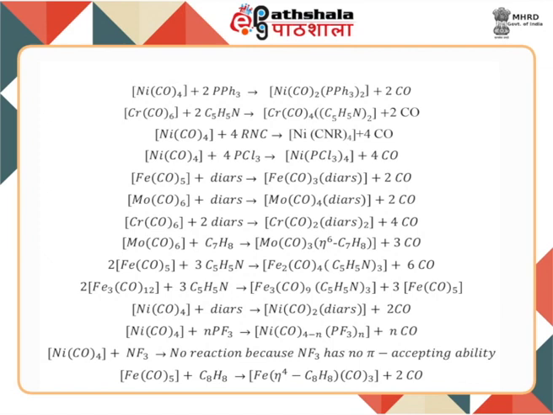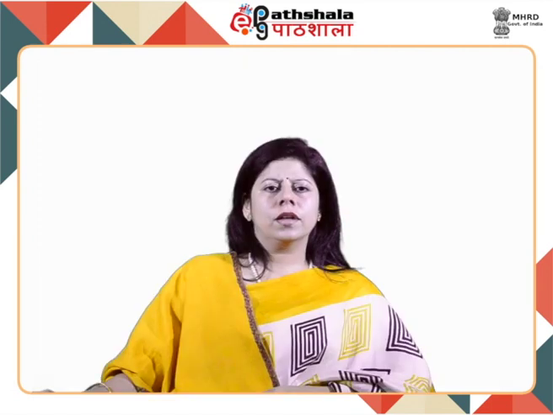If you see the reaction of nickel tetrahedral complex with NF3, no reaction takes place because NF3 has no pi accepting ability. The classical substitution reactions are more or less mainly thermal reactions. In many cases, they are not clean.